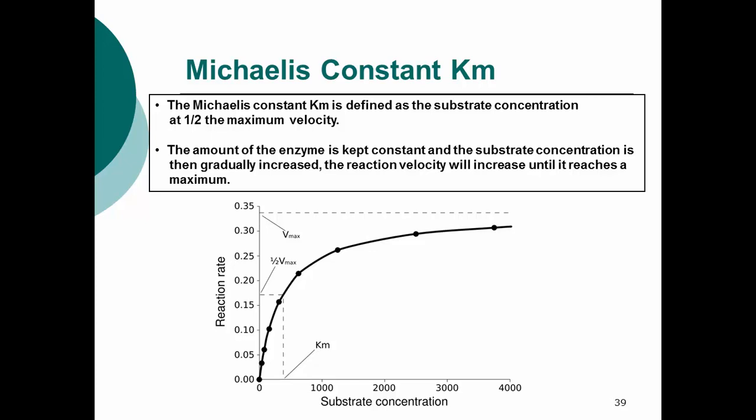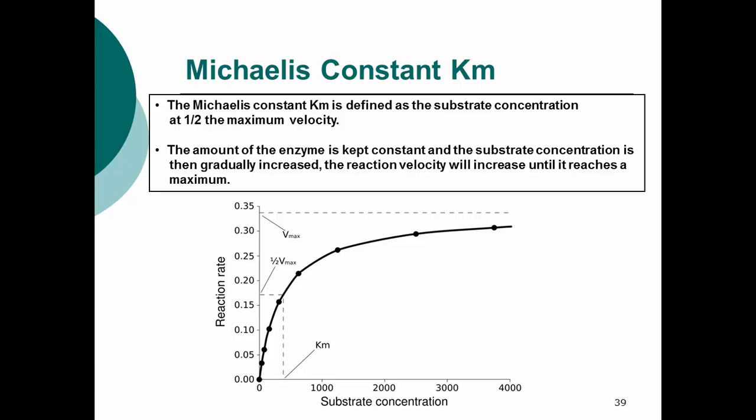So remember, for the enzymatic reactions, substrate, enzymes, and products, right? These are 3 things we need to remember. The enzyme definitely is the most important control, right? If we increase the enzyme concentration, that definitely will speed up the reaction.